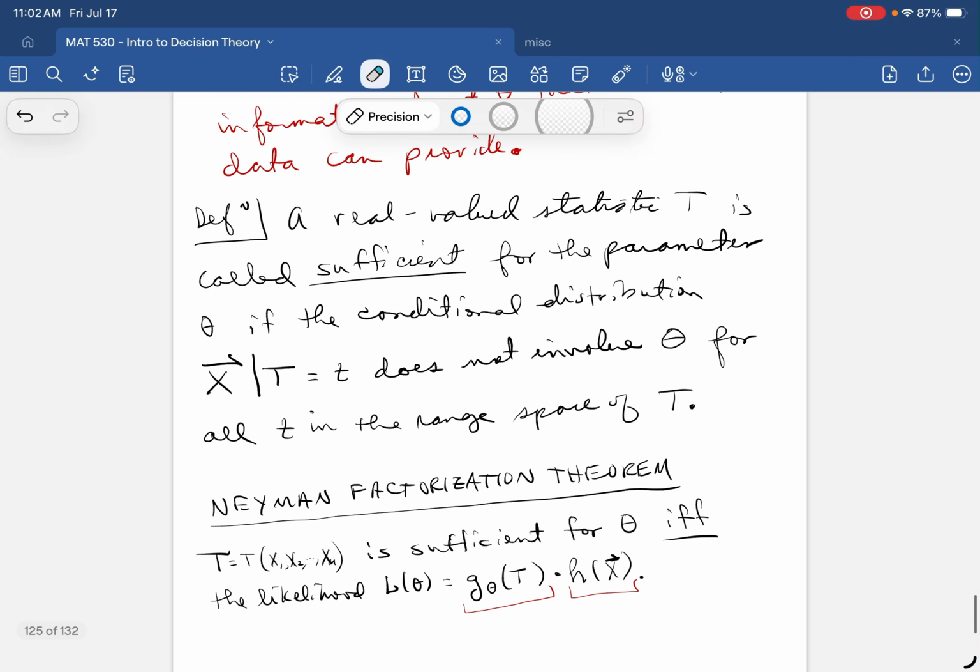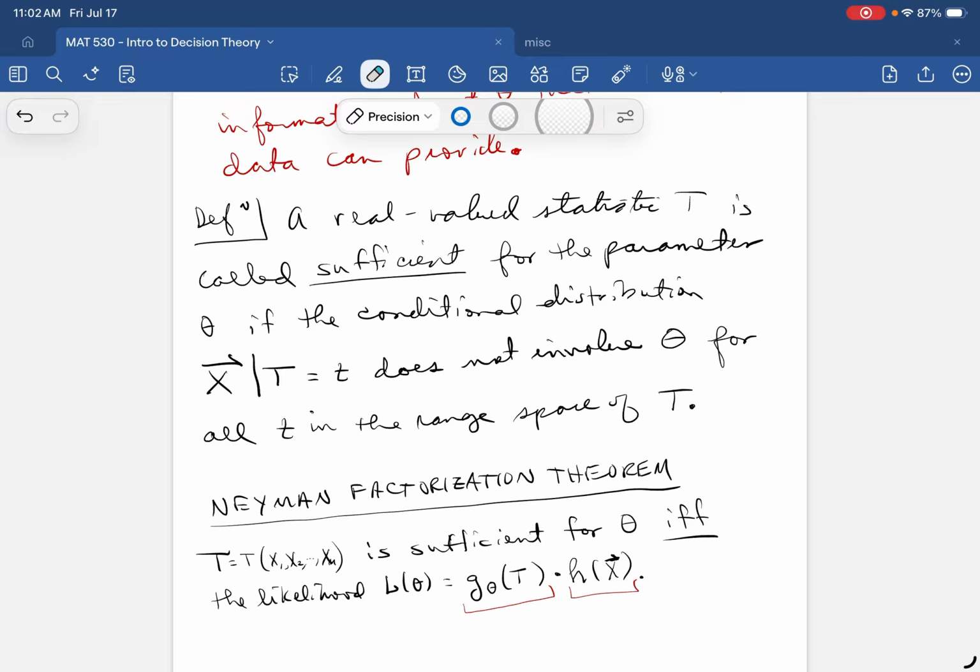And now applying this definition directly can be really difficult sometimes, and so people typically use the Neyman factorization theorem, and it gives us an equivalent condition for a statistic to be sufficient.